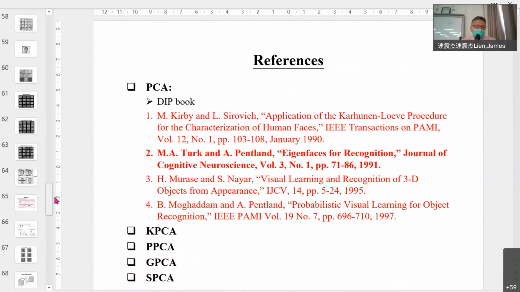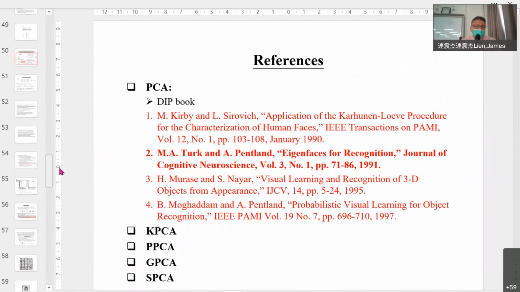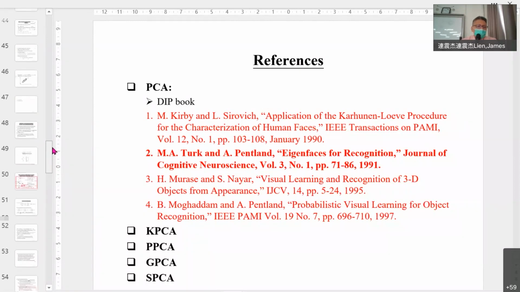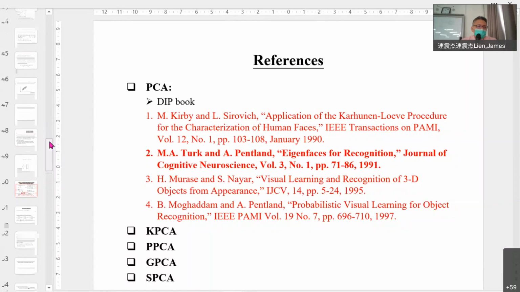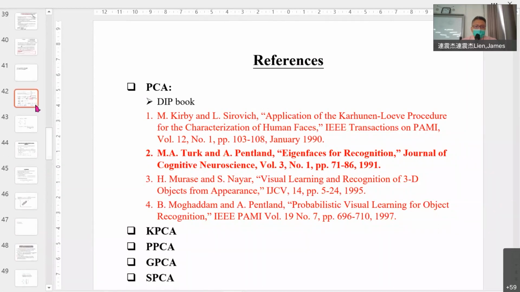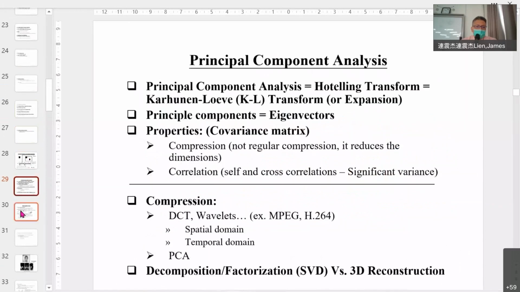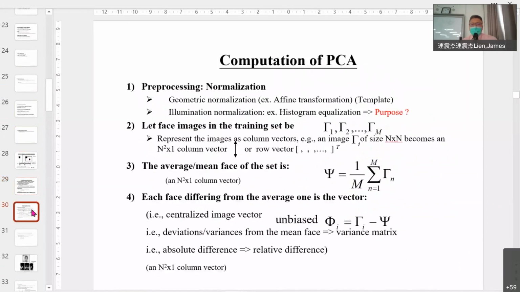On page 30, suppose we have 16 persons, and this is the image for each person. The image size is, suppose, 128 by 128.